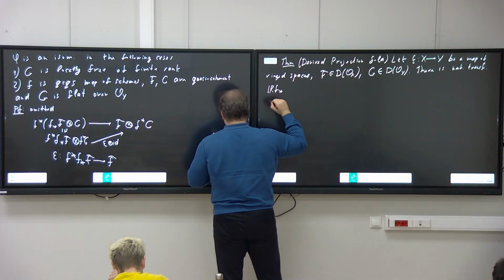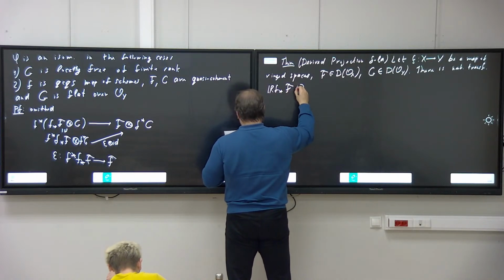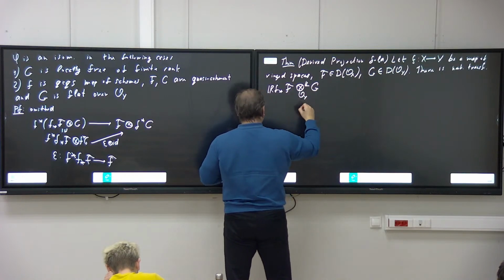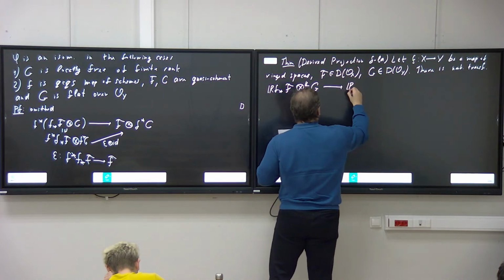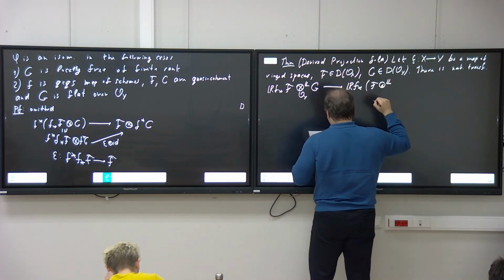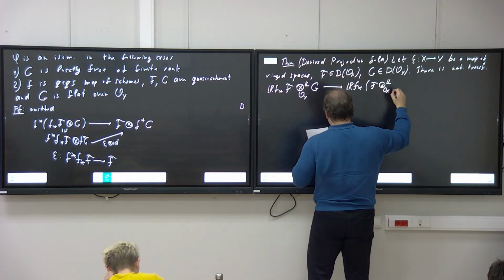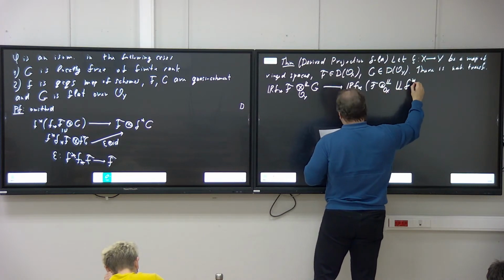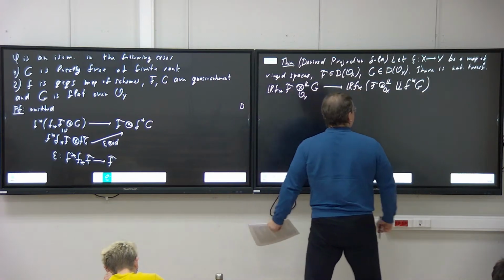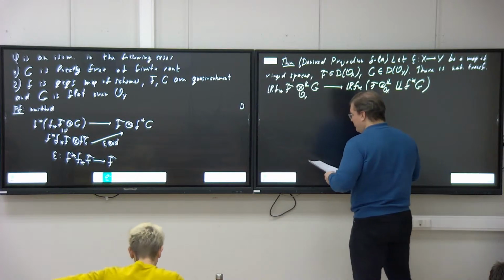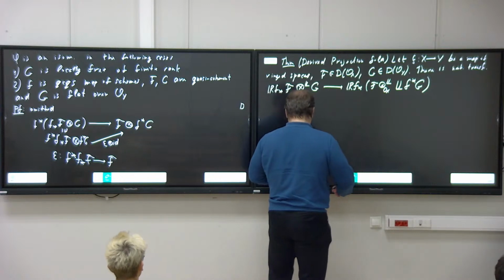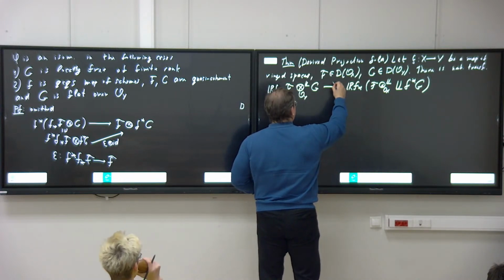The derived functor of the push forward applied to F, and then the derived tensor product with G, that's the tensor product on Y, is mapped to the derived push forward of F derived tensor product with the derived pullback of G. This is very functorial in F and G. Maybe, again, I call this phi.